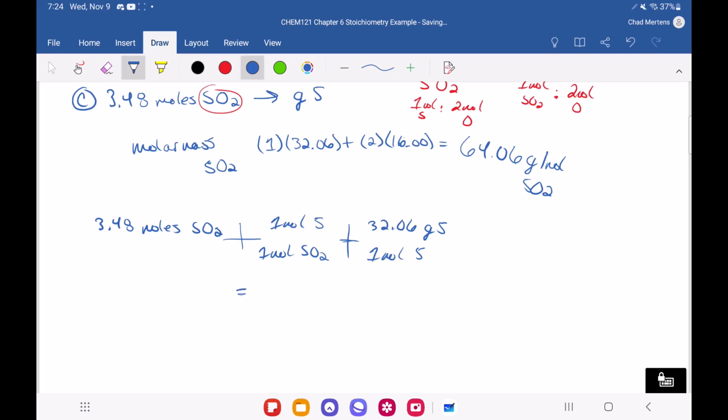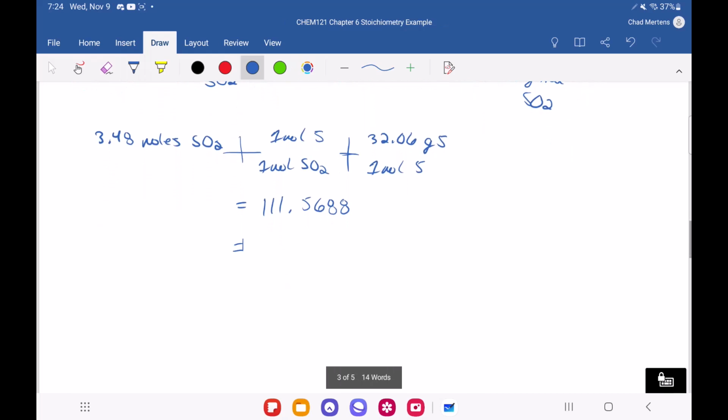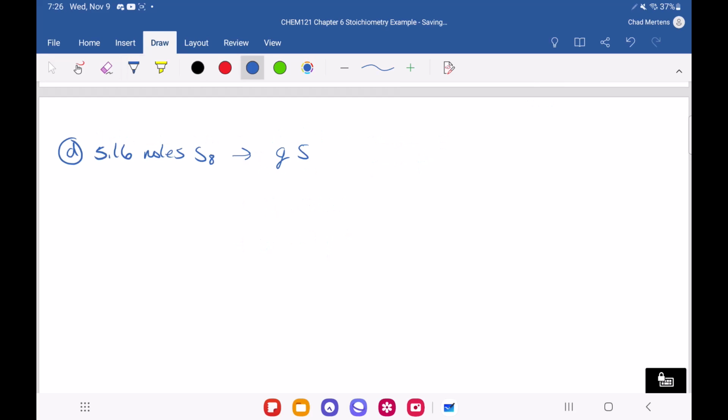When you plug that into your calculator, you will get 111.5688, or you could round it to 111.57 grams of sulfur.